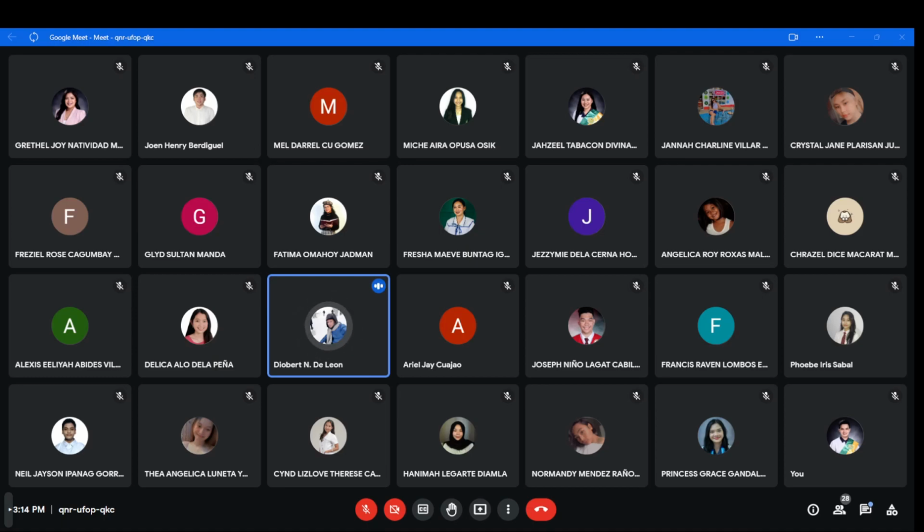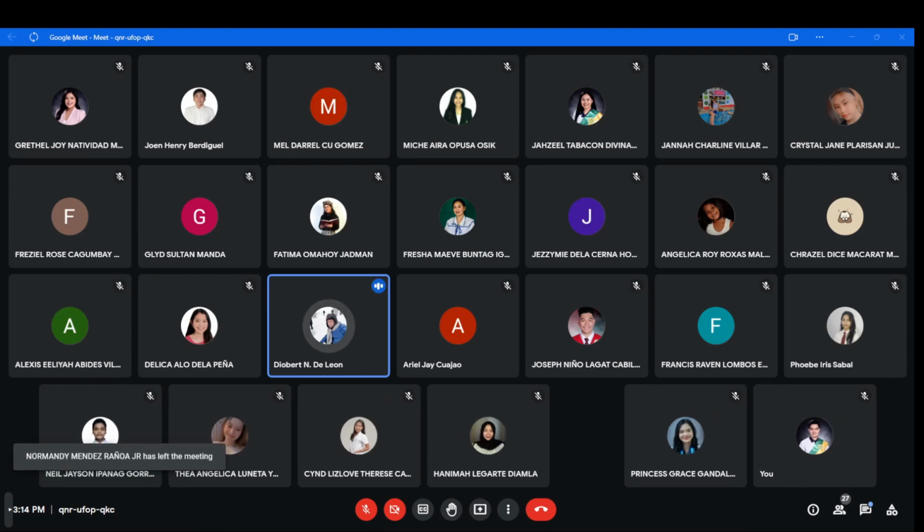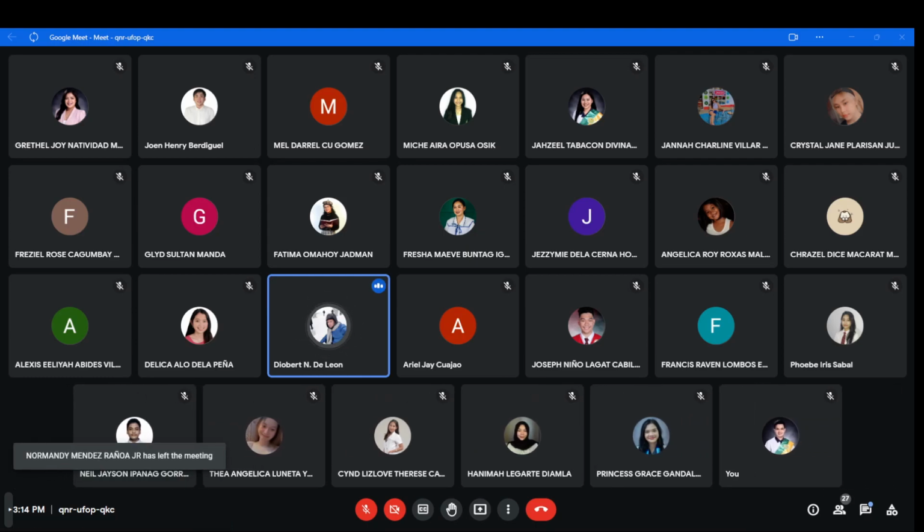D, person who smokes. Letter E, eats plenty of vitamin K food. F, none of the above. What's your answer? The answer is letter E, eats plenty of vitamin K food. So hindi siya belong doon sa factors.